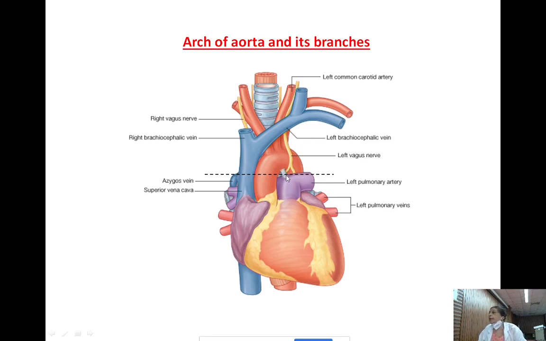It is the remnant of the ductus arteriosus. Now the area between the subclavian artery and the ductus arteriosus is known as the aortic sinus. After this, it is continuous as the descending thoracic aorta.